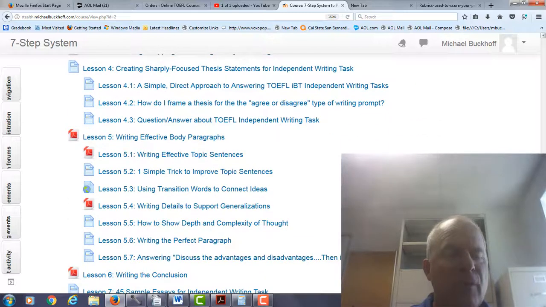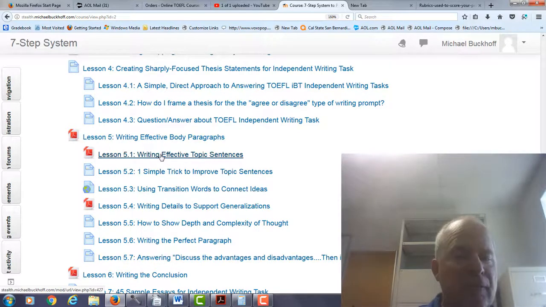Okay, I think here, because we're only focusing on a paragraph, right? We weren't focused on the whole essay. I think you should take a look at writing effective topic sentences, lesson 5.1, lesson 5.2, one simple trick to improve topic sentences, lesson 5.4, writing details to support generalizations, writing 5.5, how to show depth and complexity of thought, and then writing lesson number 5.6, writing the perfect paragraph.